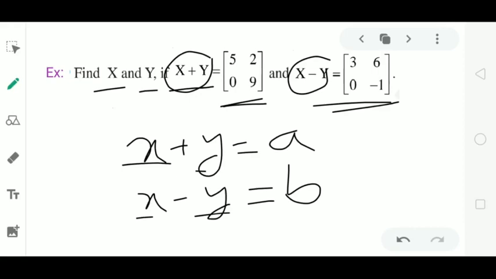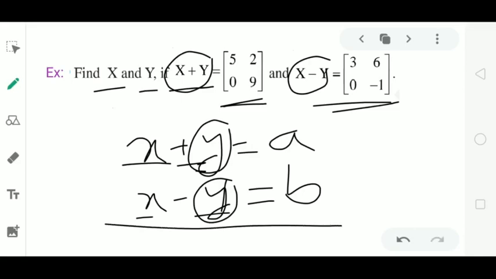Here the coefficient of y in the second equation is minus 1, and the coefficient of y in the first equation is plus 1. If I add these two, then I can easily cancel variable y, and the first term will add up as 2x. In the second term on the RHS we add a and b.